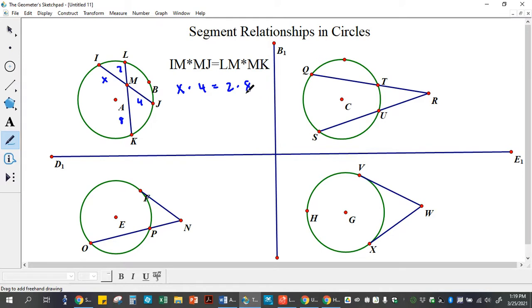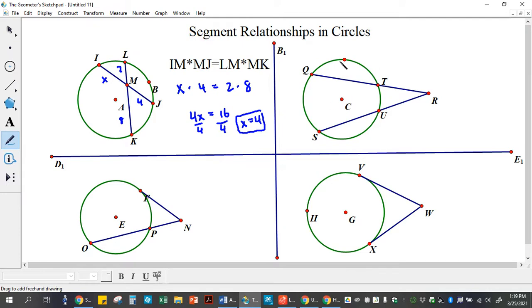That produces an algebraic equation. All we need to do is be able to solve this. X times 4 is 4x. 2 times 8 is 16. If we divide both sides by 4, we find out x is 4. We can plug back in if we were asked a different question. Just realize how you plug in and then go after the solution method.